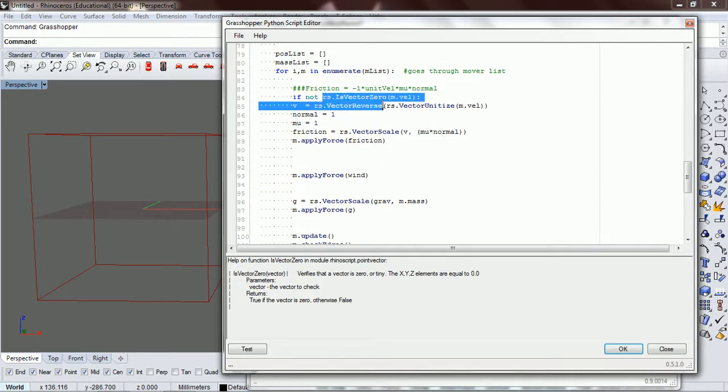So we're saying is vector 0. This returns a Boolean, and so if it's vector 0, we don't want to do this. And if we don't apply this force, then we just don't apply this force. It doesn't really matter.